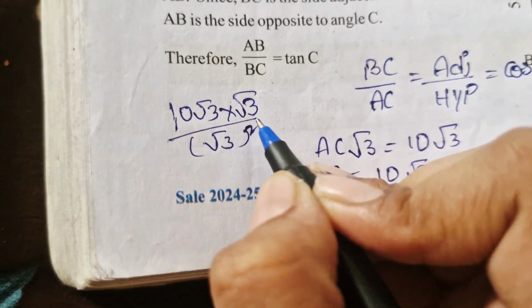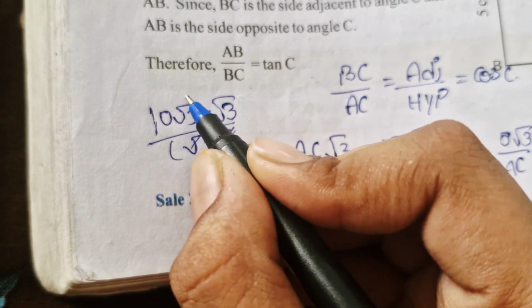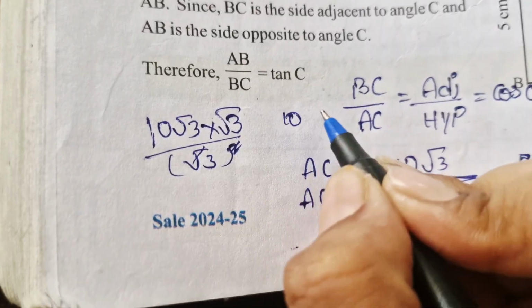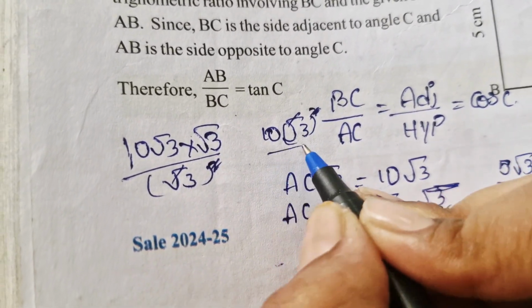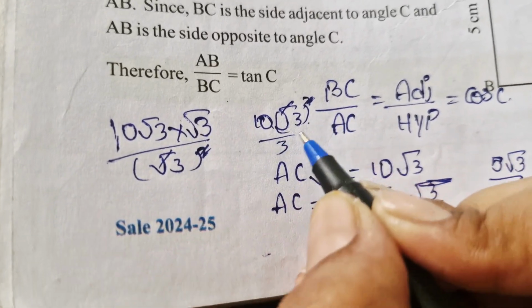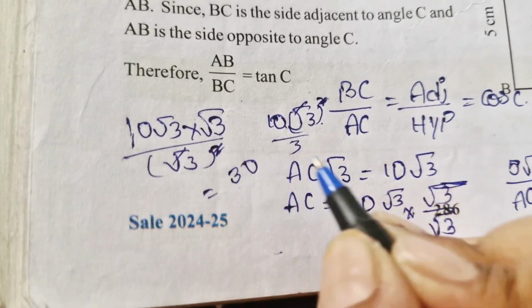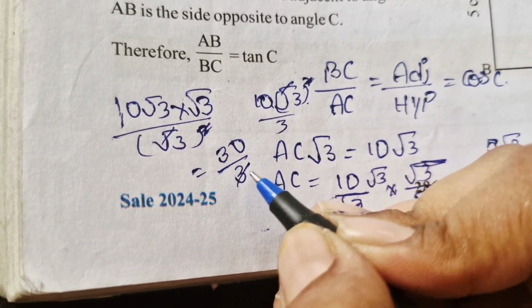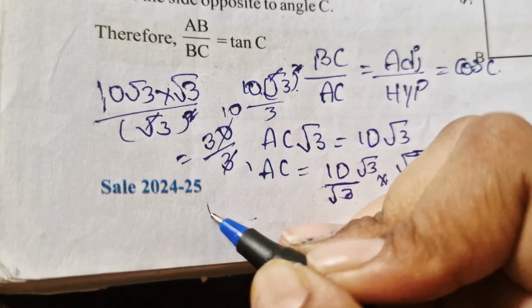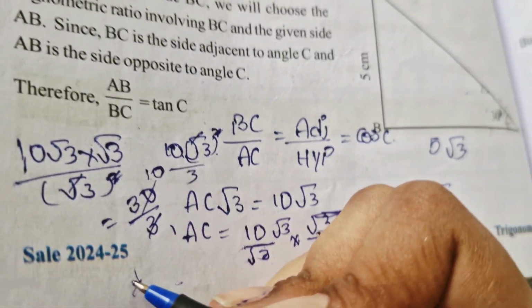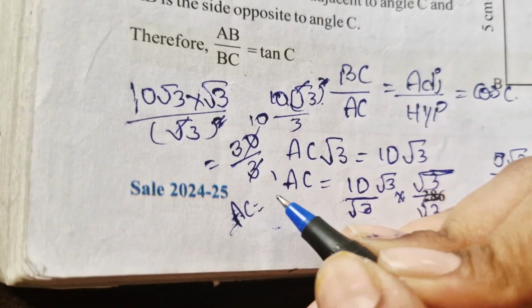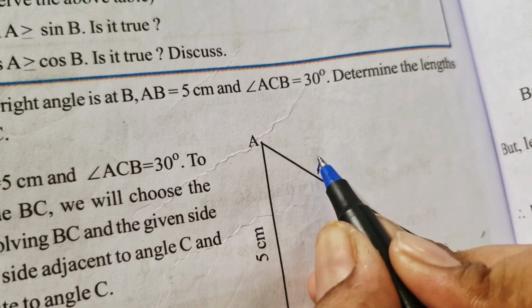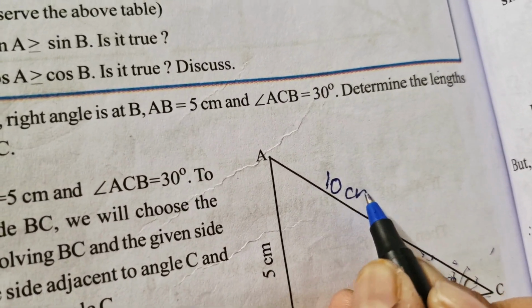The square root gets cancelled, so the denominator is 3. So 10 threes are 30. 30 by 3, 3 tens are 30. So we got here AC is equal to 10.